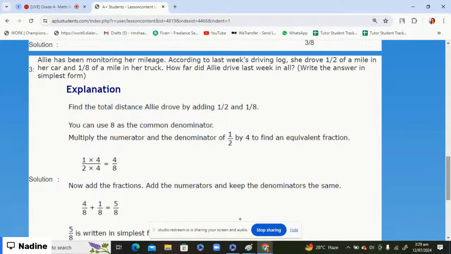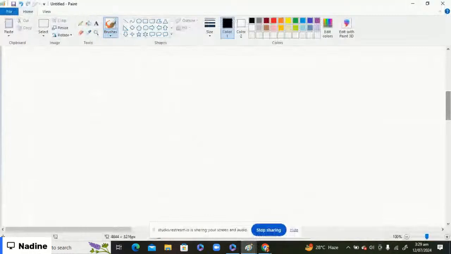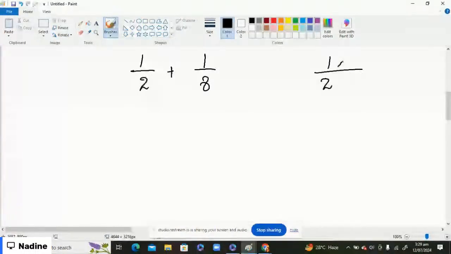So let's check. It's 1 by 2 and 1 by 8. So now you guys tell me which has the smallest denominator. That is 1 by 2. So let's put it here. Multiplying and dividing with the same number, then you get the answer here, 8. So what's that number?